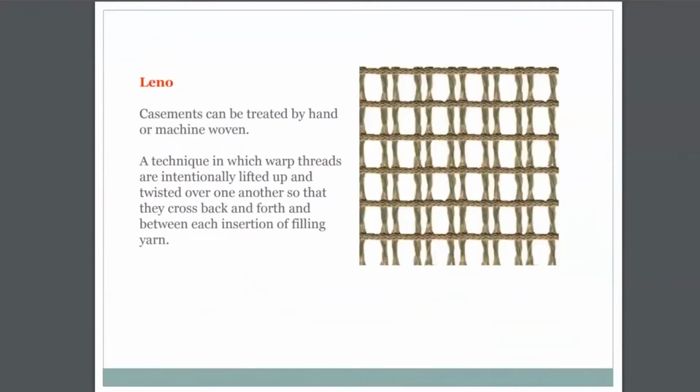I also wanted to, this isn't in your textbook, but here in Arizona, window treatments, these very open weaves called casement fabrics, they're popular. They're popular because they offer that nice textural quality to window coverings. So a leno weave is very specific.